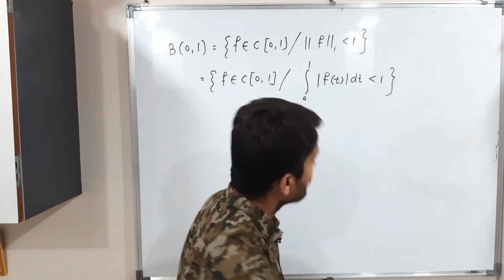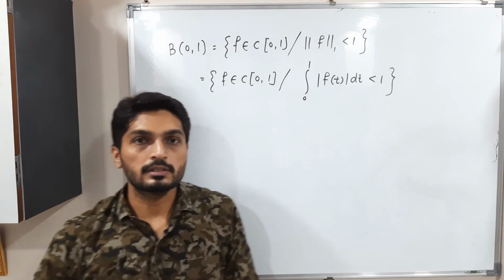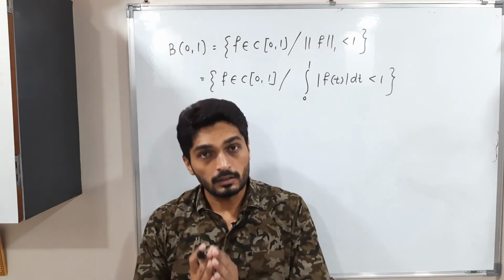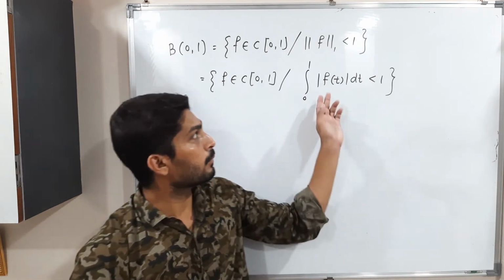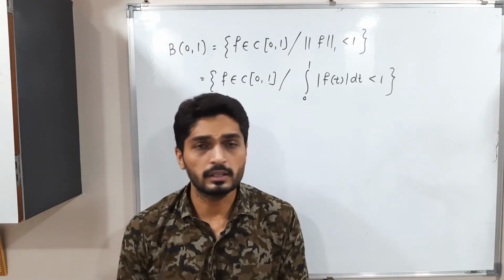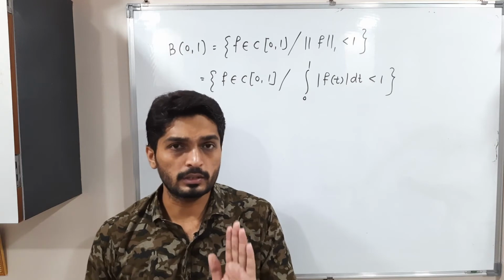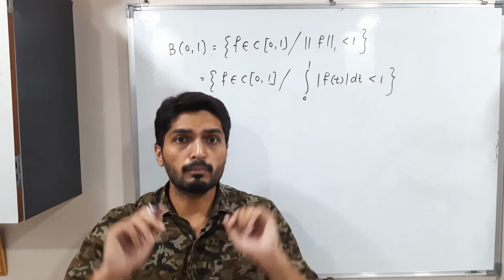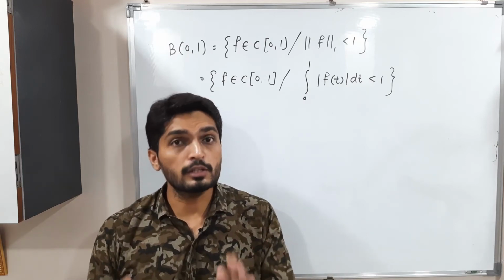You know that integration is nothing but area under the curve. But here we have taken mod, that means if the function is negative, no matter, it is also acceptable, but the condition is that the area should be less than 1.